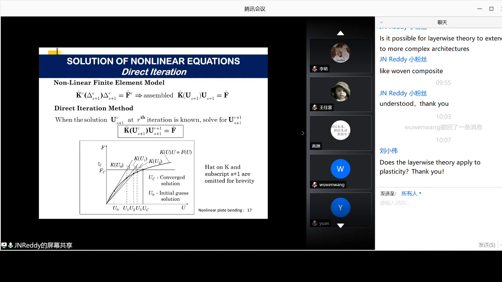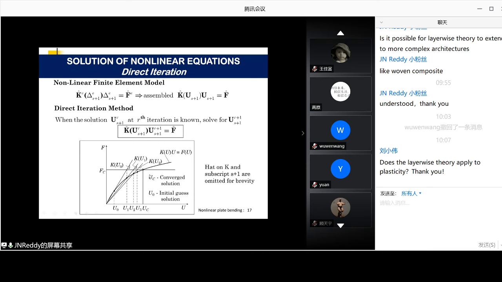So that is equivalent to, I'm showing here in a one-dimensional system, if you have a single degree of freedom problem, Ku equal to F. So this U is unknown, this U is unknown. So you have the actual force deflection relationship like this curve, the solid curve, which we don't know what it is actually. But for discussion purposes, I'm showing, suppose that is the curve.